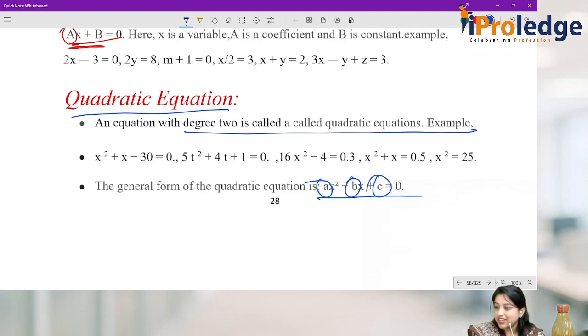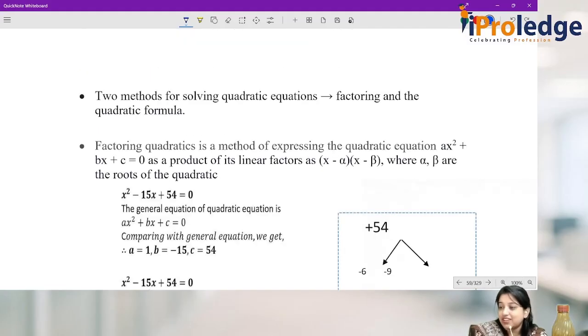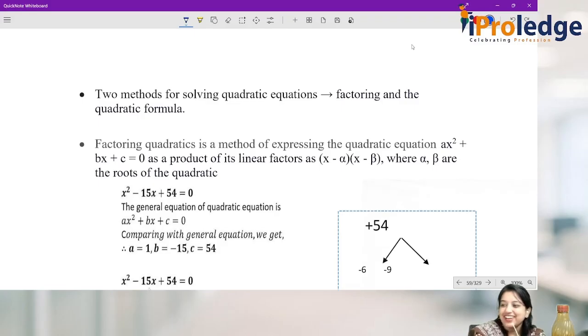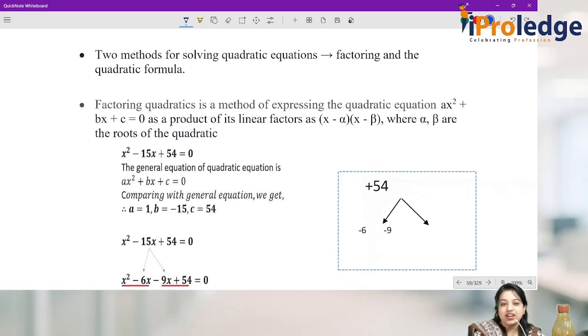How will you define a in a quadratic equation? Easy, but they have asked it. To solve a quadratic equation we have 2 methods: factorization and formula method.